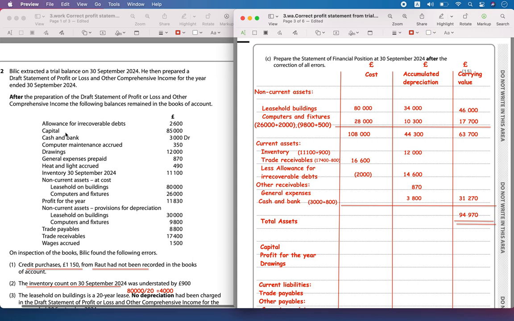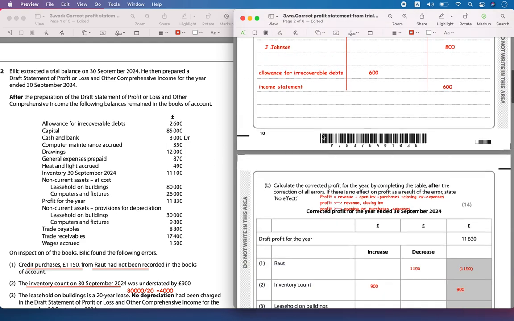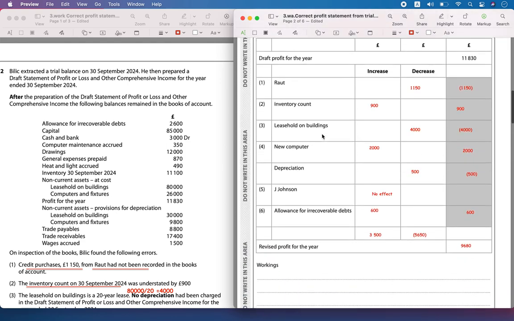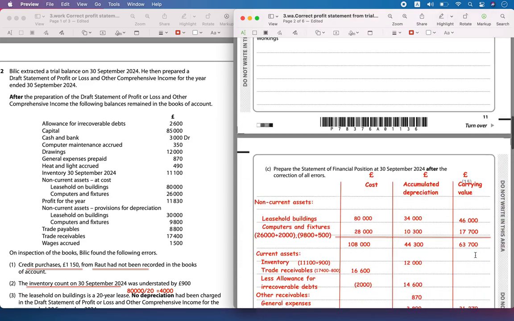Now let's calculate the capital. So capital was 85,000, so let's put that. Okay, capital was 85,000 plus the profit for the year which we had calculated. Okay, profit for the year, it was 9,680.